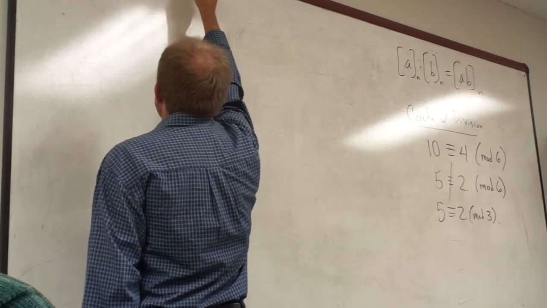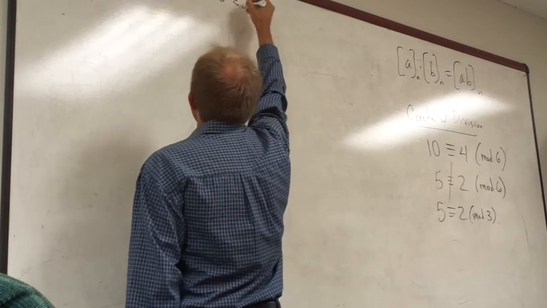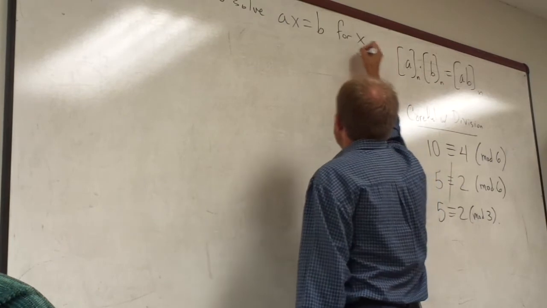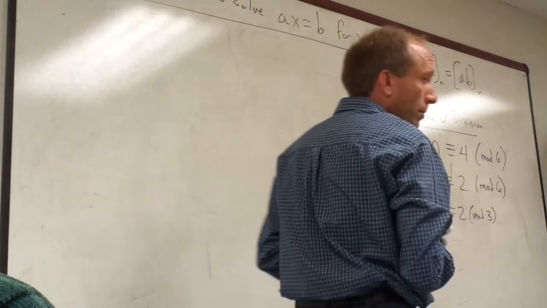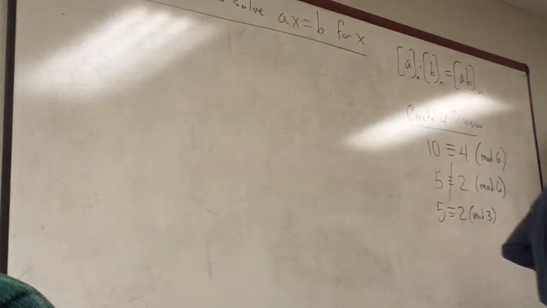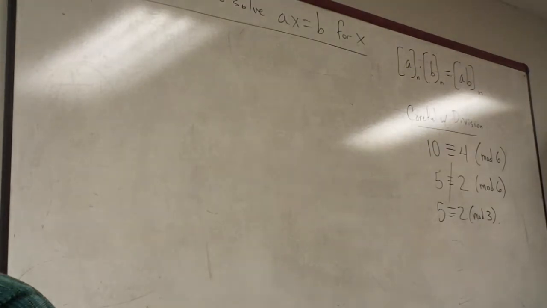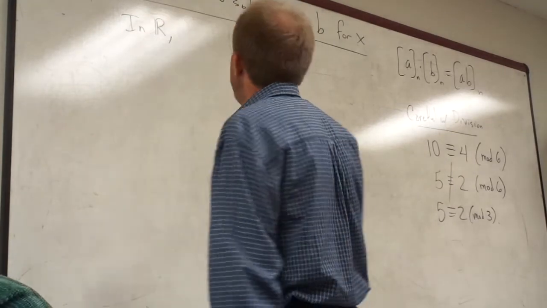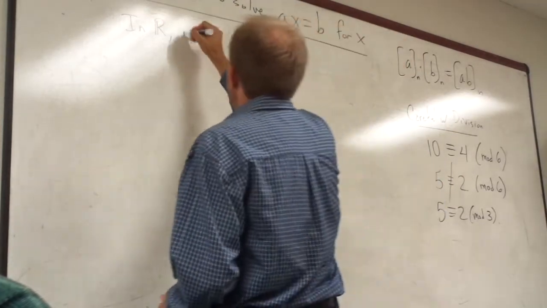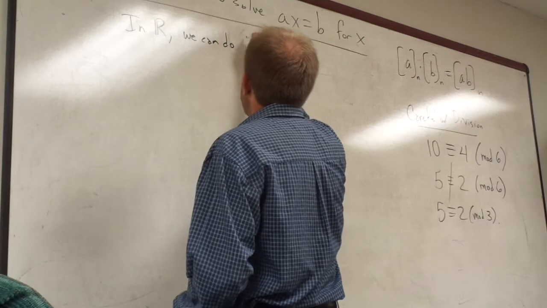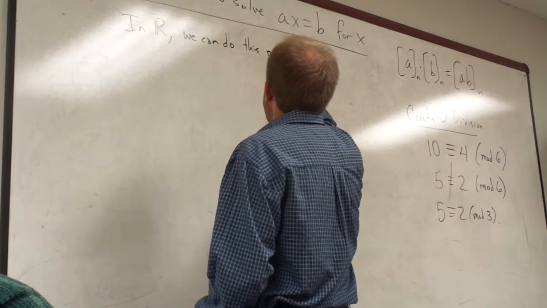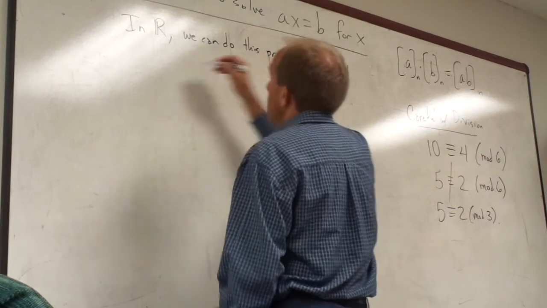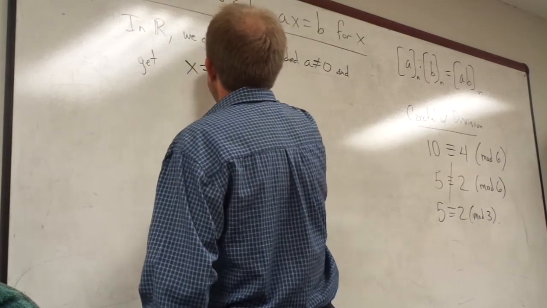If we want to solve ax equals b for x, in the real number system, we can do this provided a is not 0, and we would just get x equals b over a.